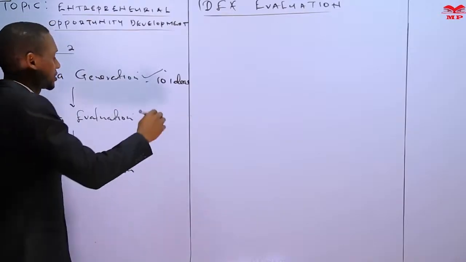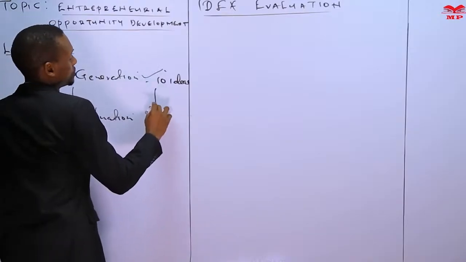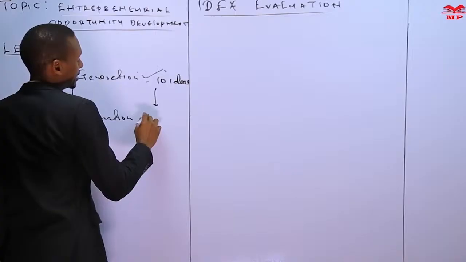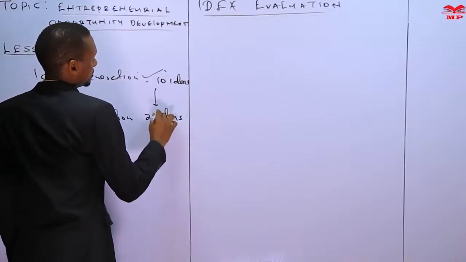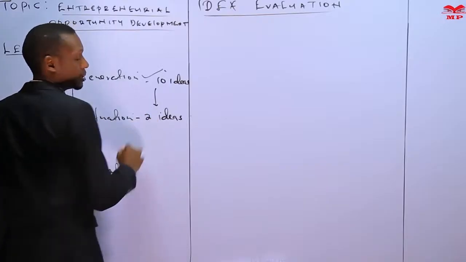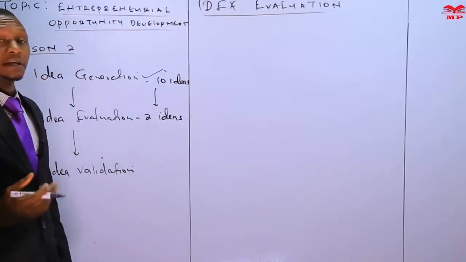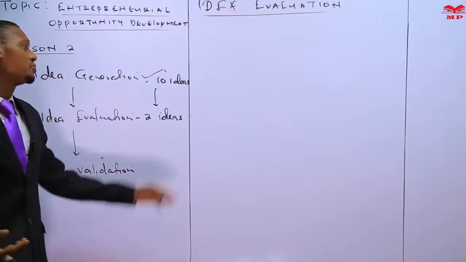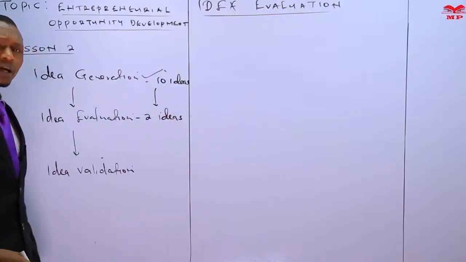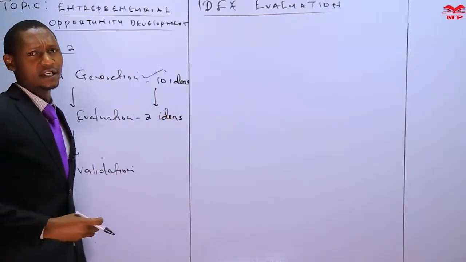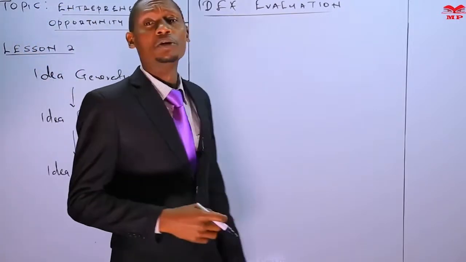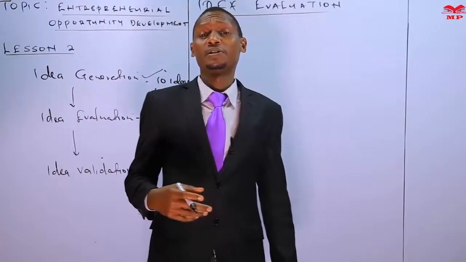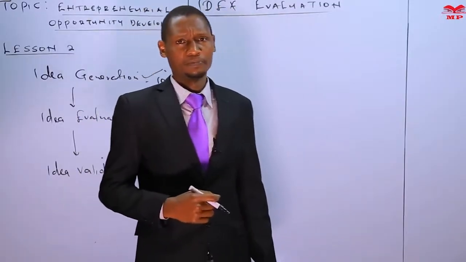As an outcome of step number 2, we will end up with at least like 2 ideas, from which they will eventually select the best idea. So how do we go about narrowing those 10 ideas into a manageable number of ideas? We will do that through the process of idea evaluation.